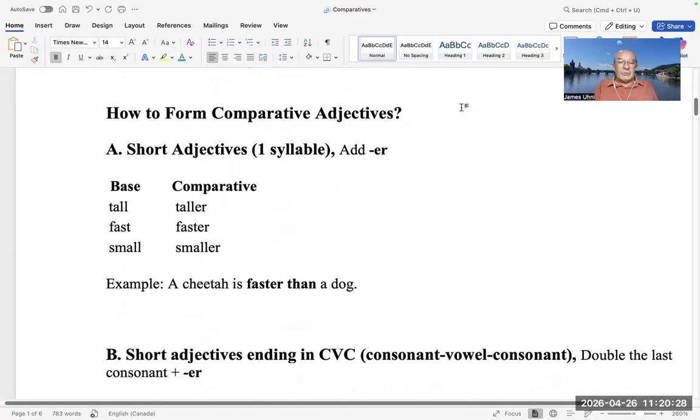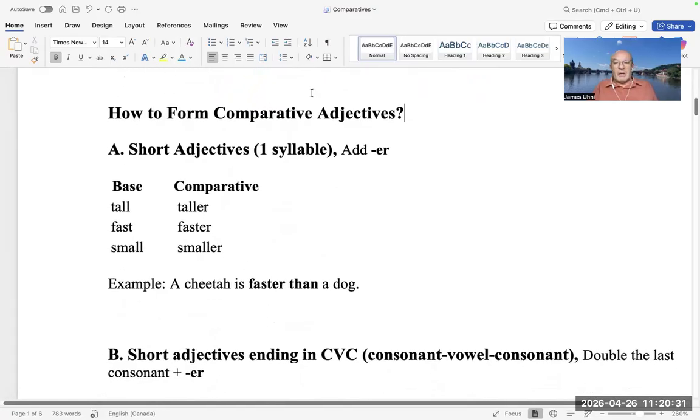So how to form comparative adjectives? There are a few forms that we can use. The most common is that we add er at the end of the word. Tall, taller. Fast, faster. Small, smaller.